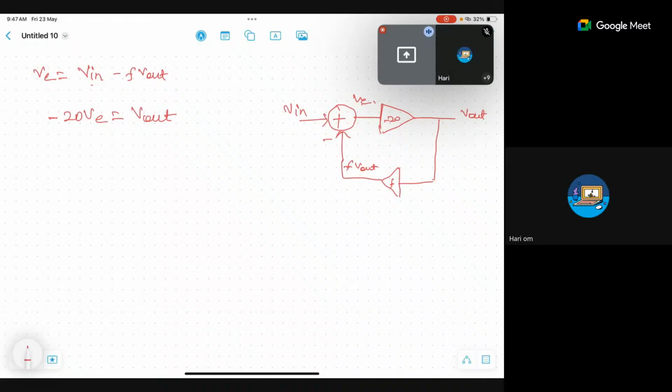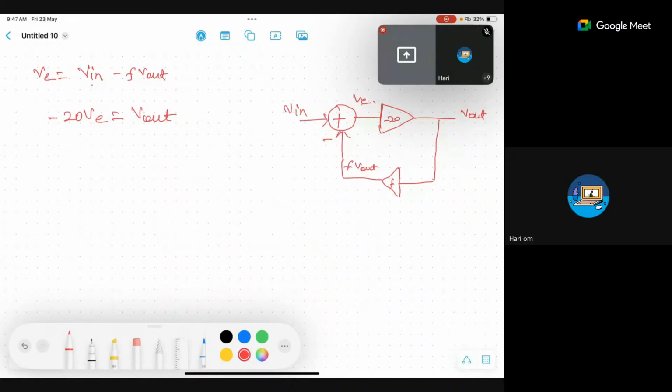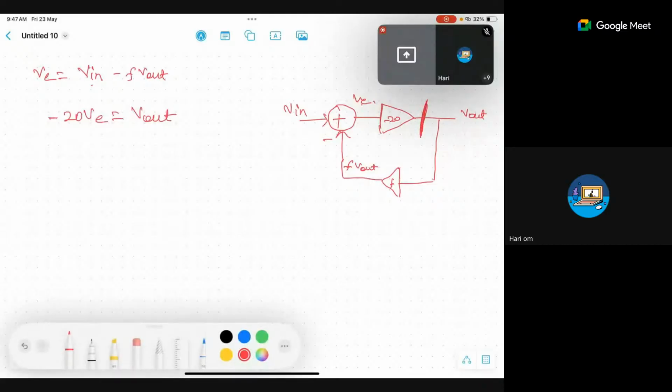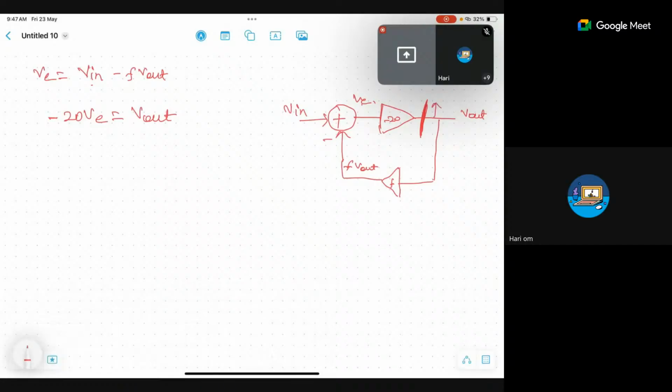Now, if I check this particular loop, I just break this particular loop. So I break the loop from here, increase some certain voltage. So I just increase the voltage. So it will be multiplied with F. F is positive, so it will be increased.